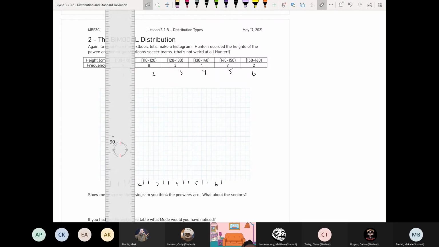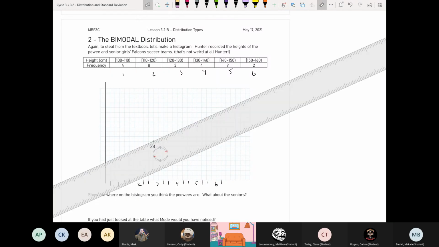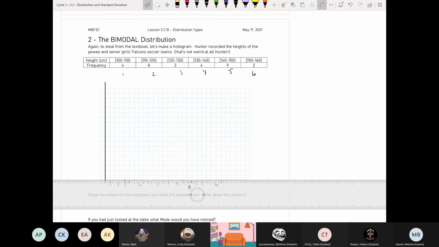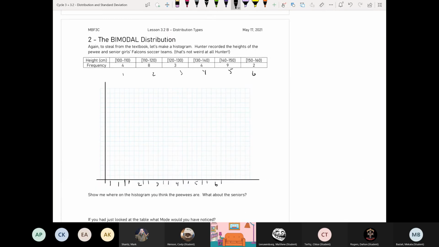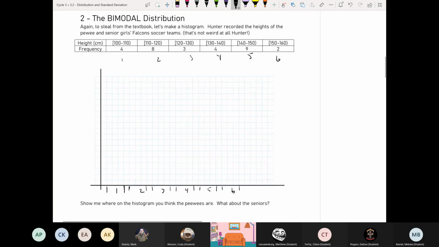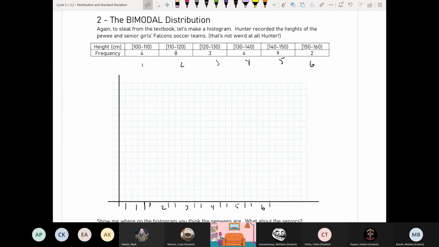And if we do the same idea here, this is heights again, and this is a soccer team, and we have frequencies of, let's just go like this, 1, 2, 3, 4, 5, 6, 7, 8, 9.